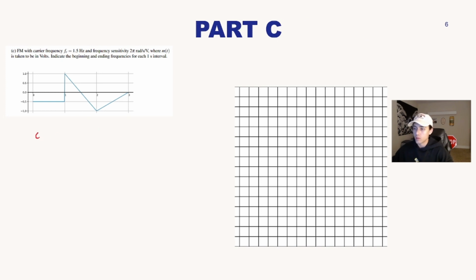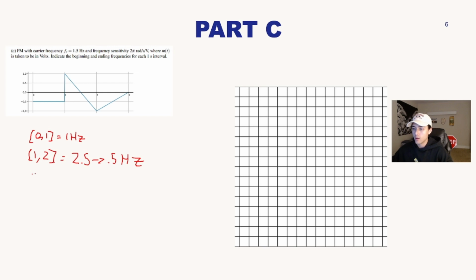So here we'll write neatly what we want to say in mathematical terms. So 0 to 1, it's going to be, again, 1 hertz. And then from 1 to 2 equals 2.5 to 2.5 hertz, which is what we calculated.